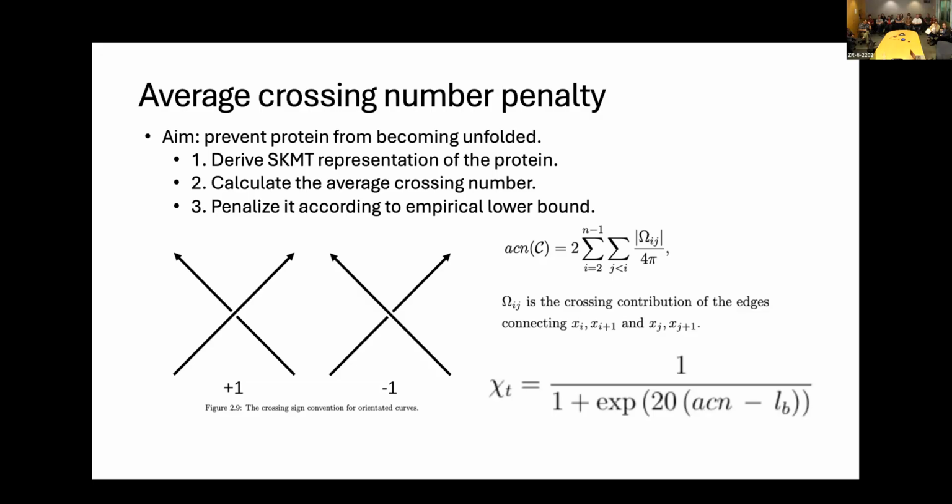So if you take a protein shape and you look at it one way, you'll see things crossing. And then you turn it, crossings will change. You integrate over all perspectives and calculate this overall crossing number. So go ahead. This is the best part here. This formula was derived from the Gauss linking number, which is another well-known result for Rive in knot theory.